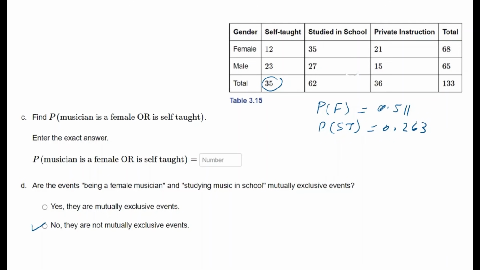And if we add those numbers, it turns out to be 0.774. So the probability that the musician is either a female or is self-taught would be 0.774.